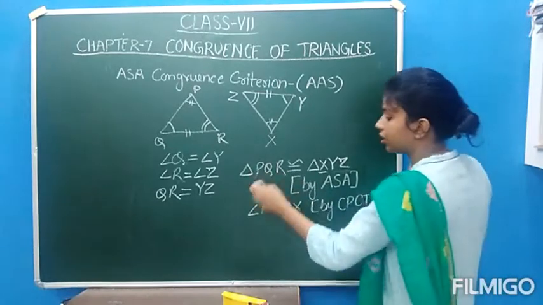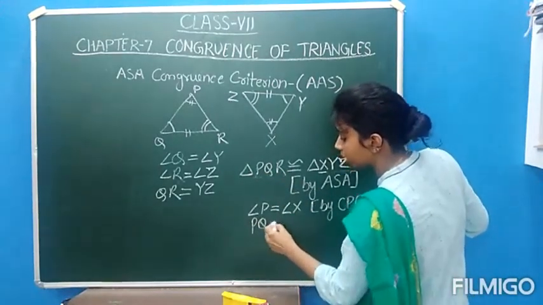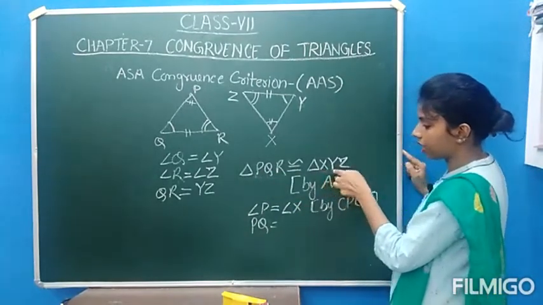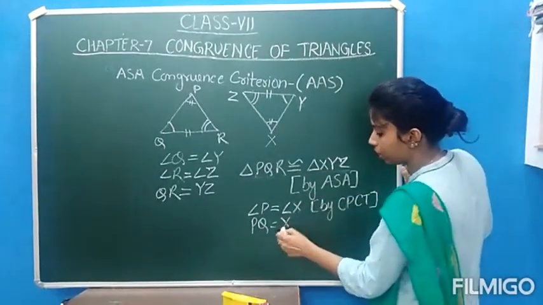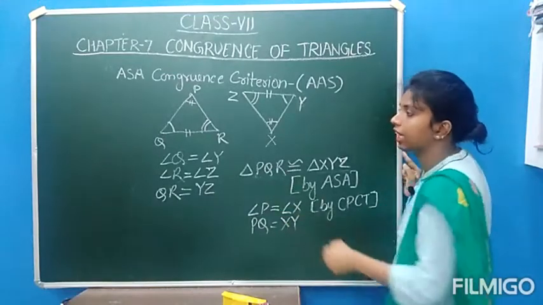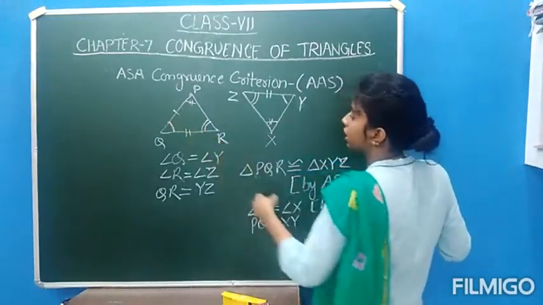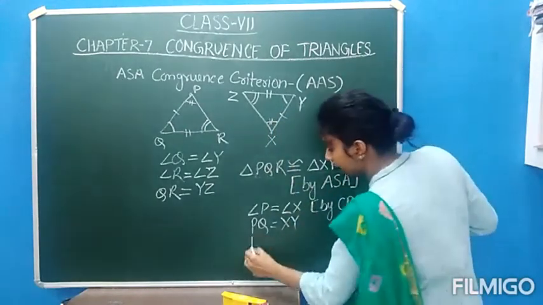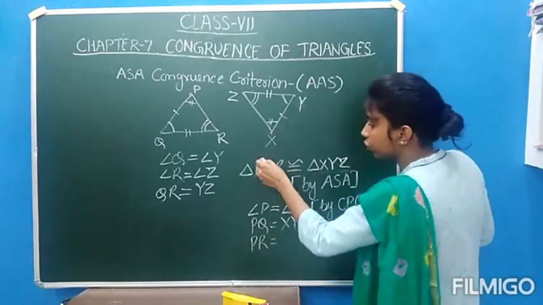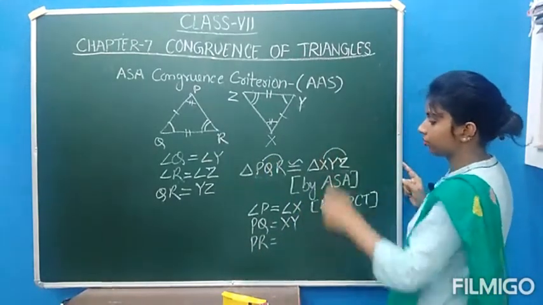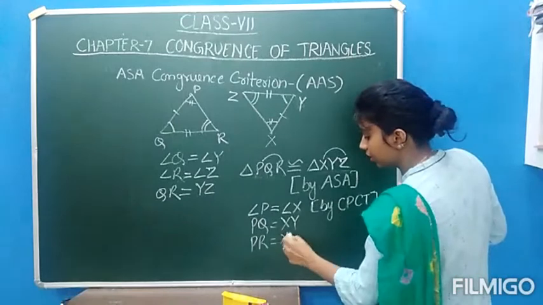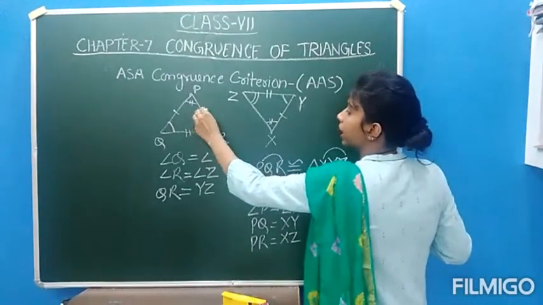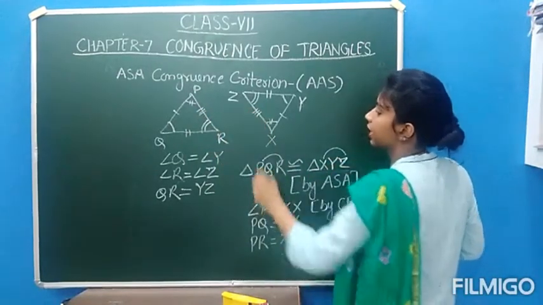Like we can say that side PQ is equal to what? PQ is the first and second place, so here also it is going to be equal to XY. In the figure we can say that PQ is equal to XY, and also we can write PR is equal to XZ. In the figure we can show that PR is equal to XZ.